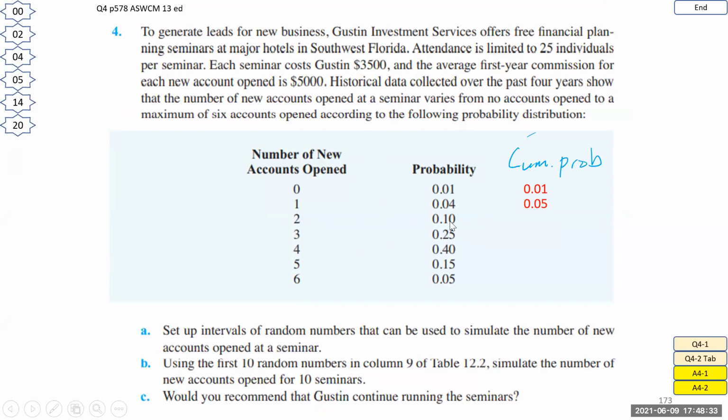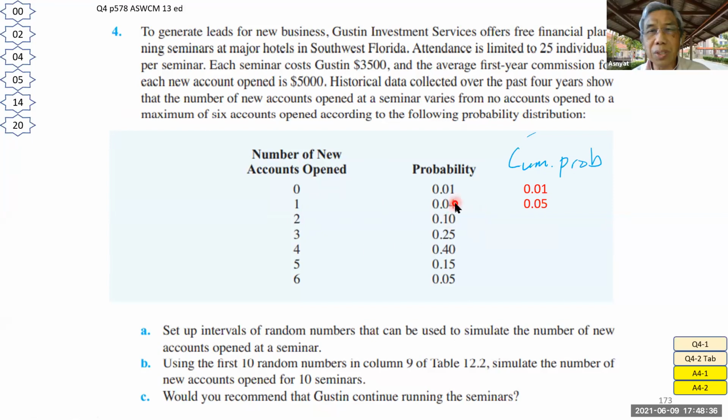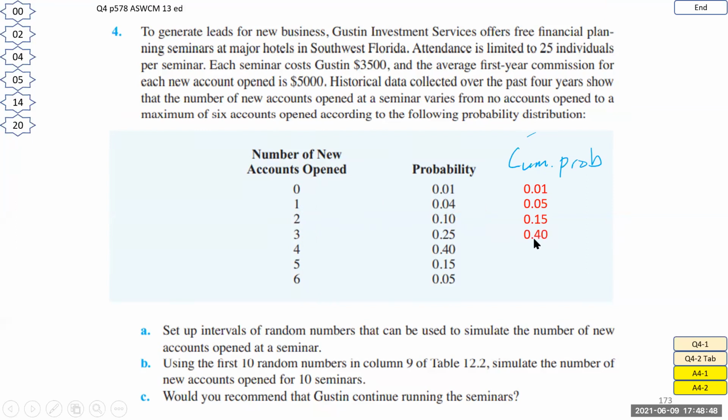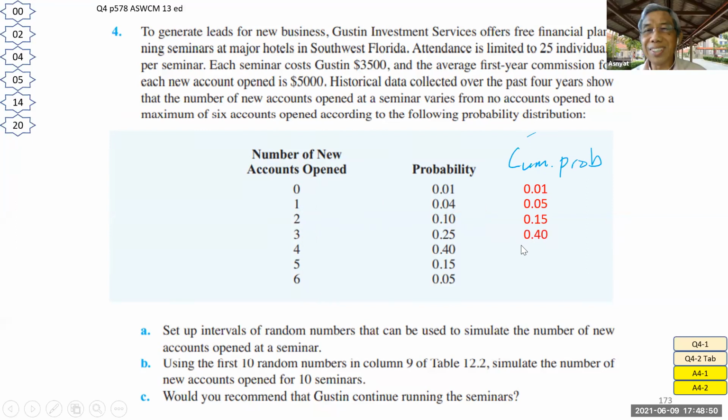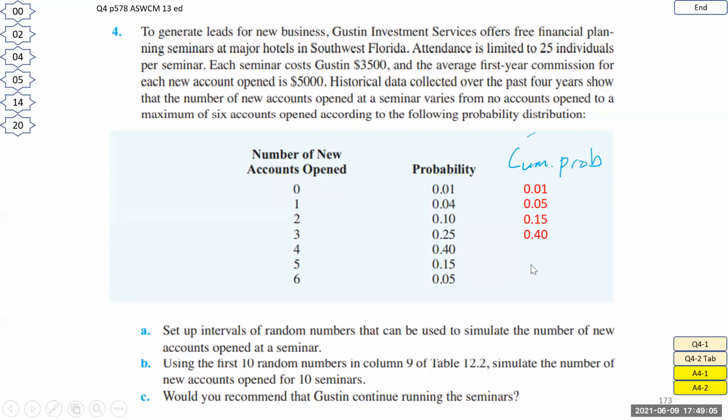So that means 0.1 plus 0.04, 0.01, 0.15. Okay, how about 3 or less? 0.4. Everybody following? How do we get this number? We are working on the cumulative probability. 4 or less, that means add up all this. 4 or less? 0.8.